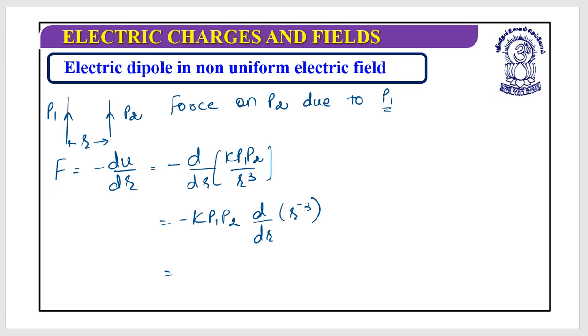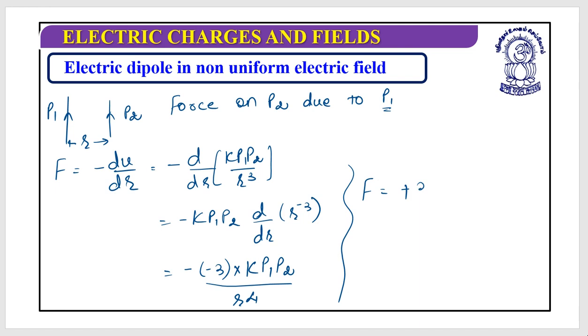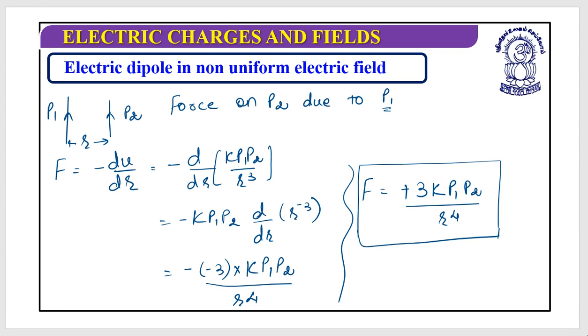So this is equal to minus of minus 3 multiplied by k p1 p2 divided by r to the power 4. If I rearrange this, minus minus becomes plus, so it is 3k p1 p2 divided by r to the power 4. Remember this. This is very useful.